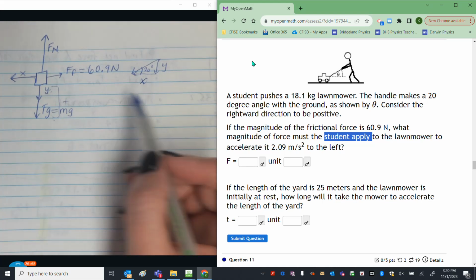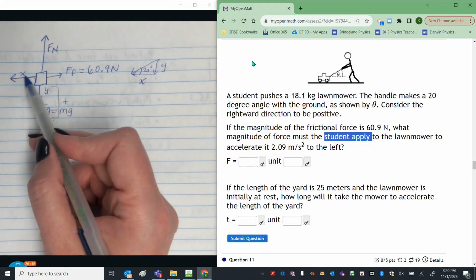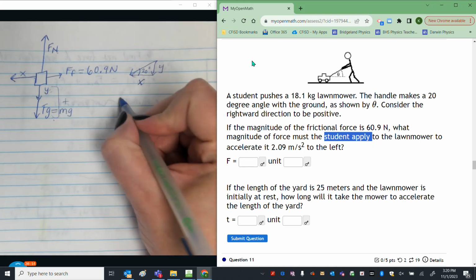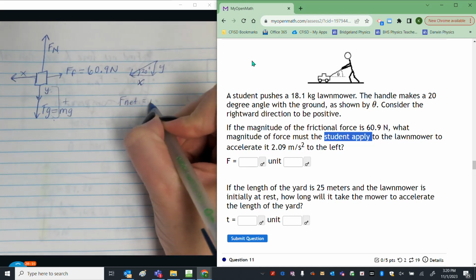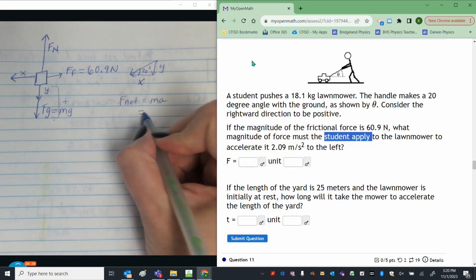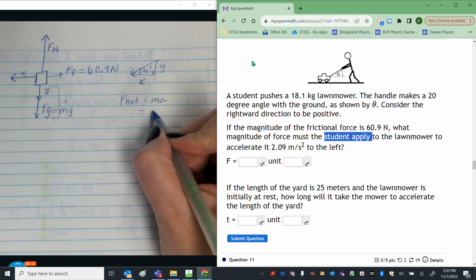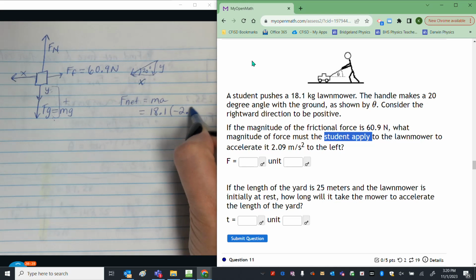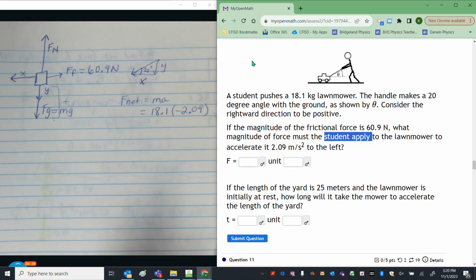Now, I can't find the net force without this piece from the diagram, but I can find it from this equation, F net equals m times a, because they gave us those. So let's go ahead and figure out what our net force is. This lawnmower has a mass of 18.1 and it has an acceleration of negative 2.09. Again, because it's to the left, I'm tacking a negative sign on in front of that.